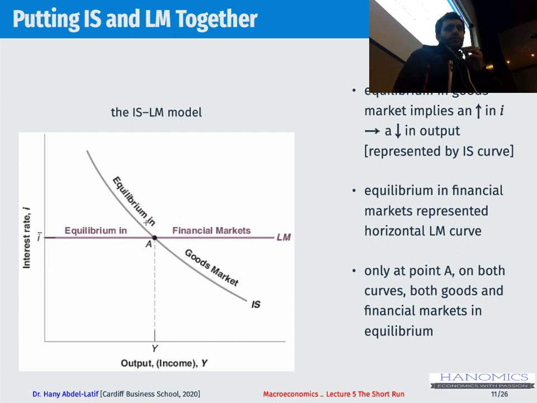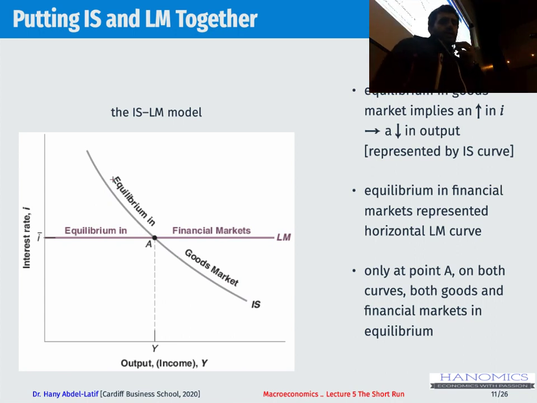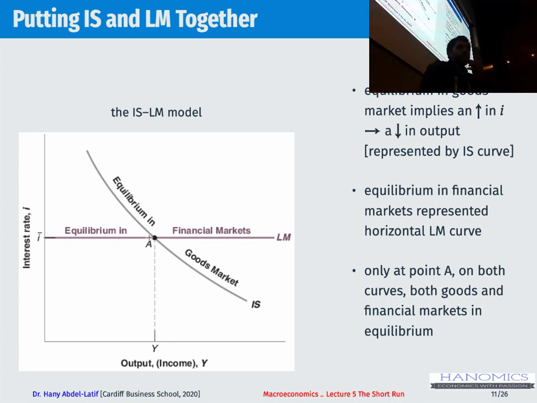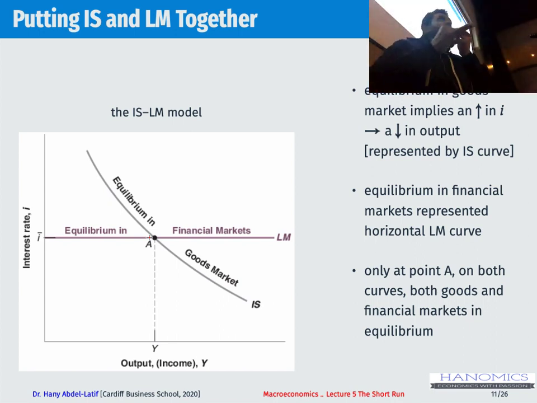And this intersection point is the equilibrium in both markets simultaneously, because this point A lies on the IS and at the same time lies on the LM. So this is the only point where both markets are cleared, the only point where both markets are in equilibrium.